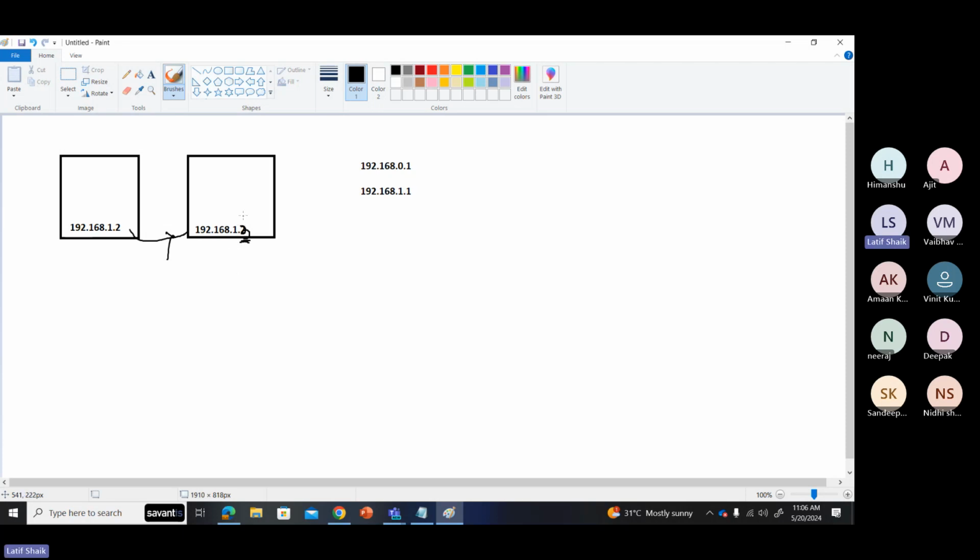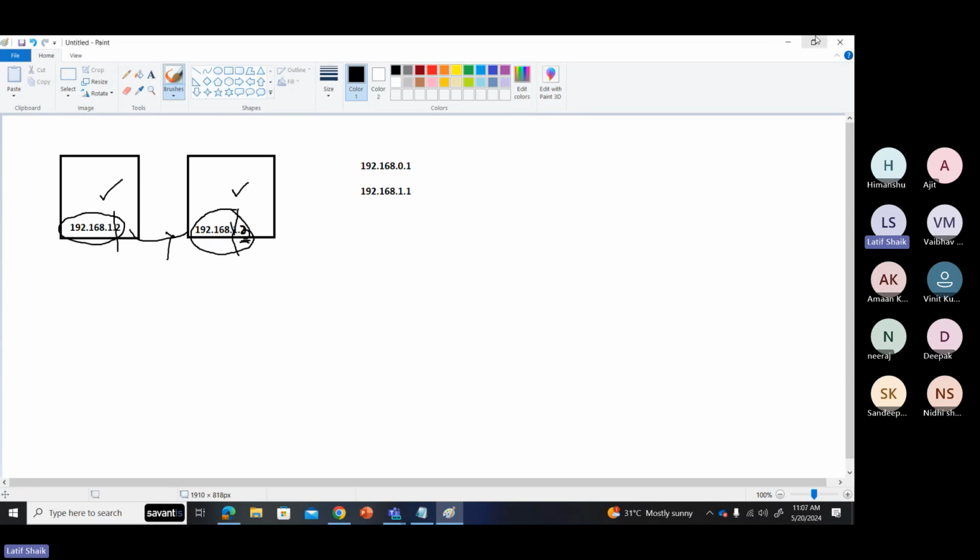That is how a device is uniquely identified. This address is to identify this device, and both should be in the same network address. We will understand that again when we discuss network and host portions, but both together uniquely identify the device.